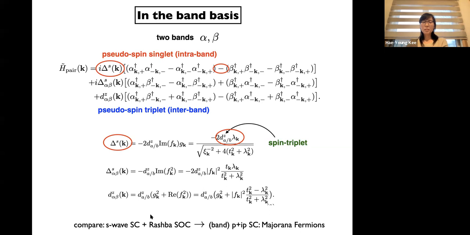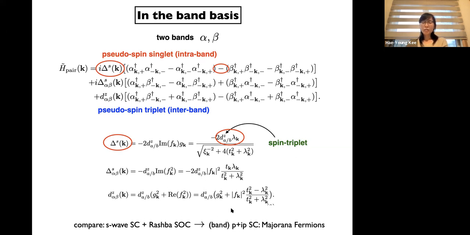Rashba spin-orbit coupling breaks the inversion symmetry, which allows odd parity combined with S-wave superconductor effectively on that interface between the S-wave superconductor and the strong Rashba spin-orbit coupling material. In the band, they effectively act like a P plus IP superconductor.